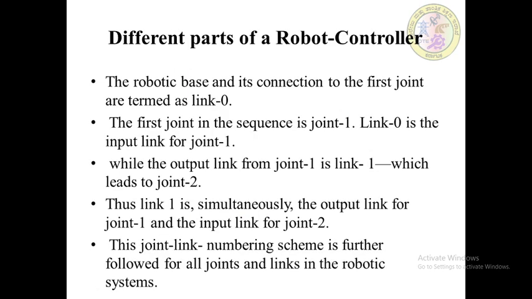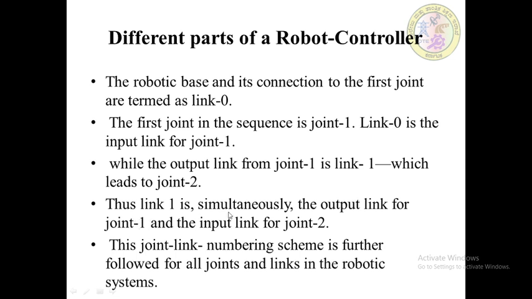And you just see the robot base and common base, its connection to the first joint is termed link 0. The first joint in the sequence is joint 1. Link 0 is the input link for joint 1, while the output link from joint 1 is link 1, which leads to joint 2.